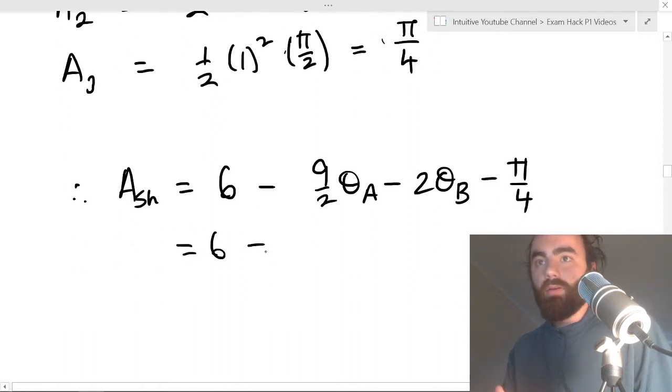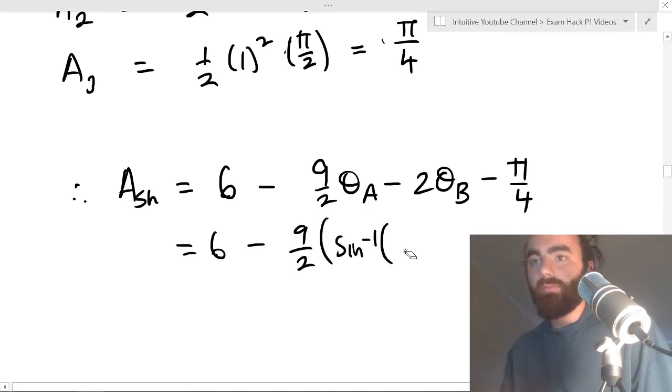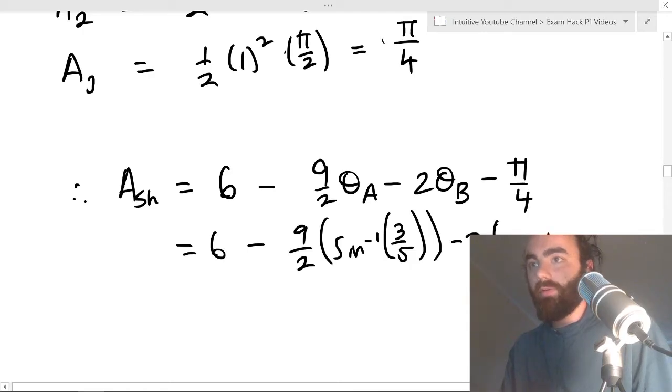And then you simply plug in these values, and we can work out those values. We can put that in the calculator. I calculated it before this, so I didn't have to do all this. Minus 2 times our theta B, which is the inverse sine of 4 over 5, and then minus pi over 4.